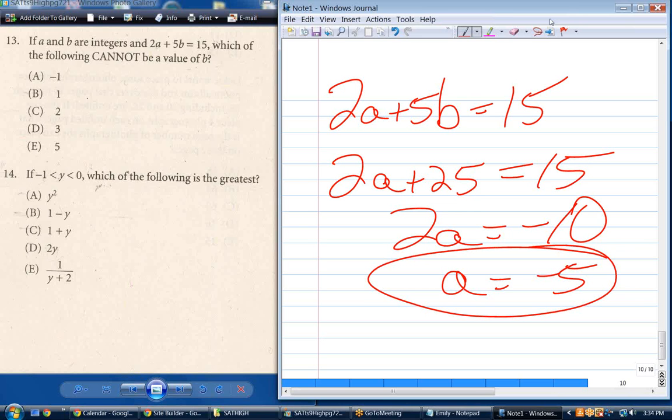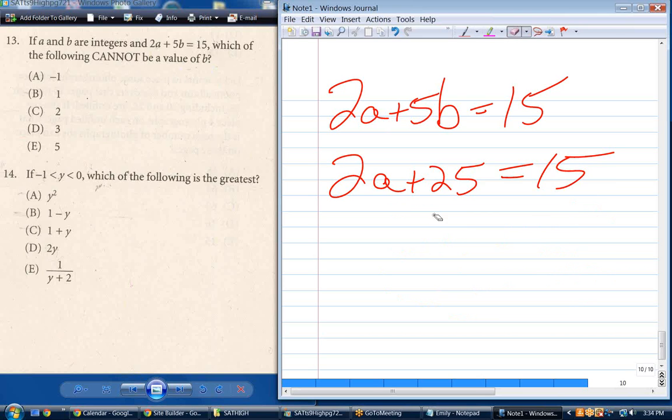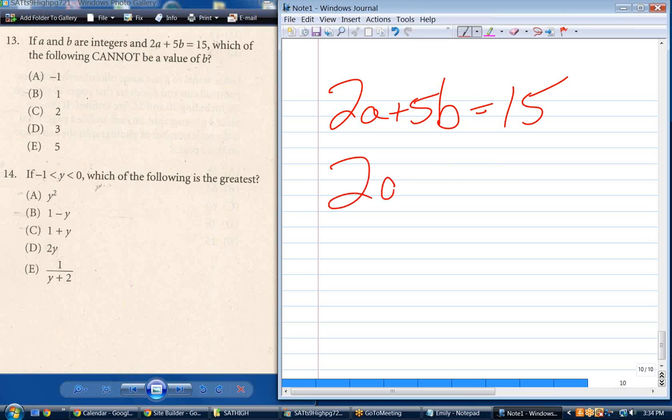So that can be an answer for B. Let's test the others. How about 3? It can't be 3 because then A would be 0. But that's an integer too. That's right. If it was 2, A would not be an integer. That's it.